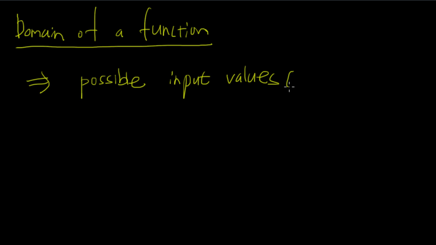They usually use x for the input value. If you have f of x is something something, then this x is going to be the input value right here. So when you think of domain of a function, you should think about possible input value.